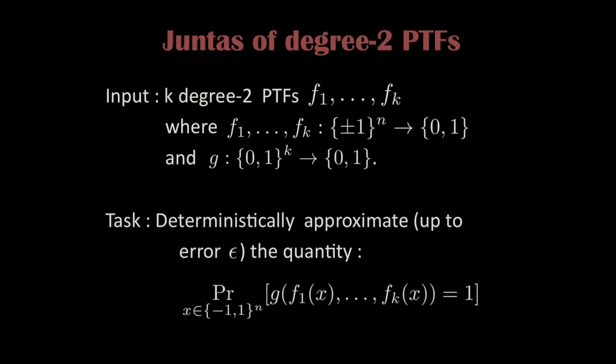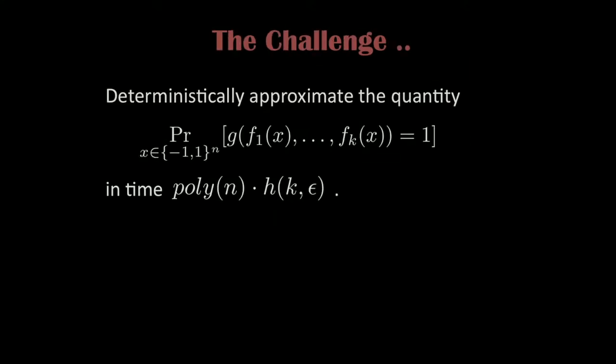And we don't want to compute this quantity exactly because it is #P-hard to compute. So we will be happy with additive approximations. We just want to compute this probability up to an additive epsilon. Rocco already did some survey of this kind of stuff in his last talk, but let me just quickly go over the motivation.